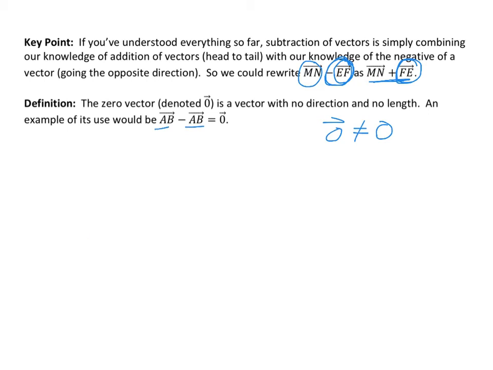In other words, if I'm going to go from A to B and then go from B back to A, I would just wind up where I started. That's the concept of a 0 vector. It's the concept of, hey, everybody, I'm at A, and I'm not going anywhere. Okay, that's what the 0 vector is.